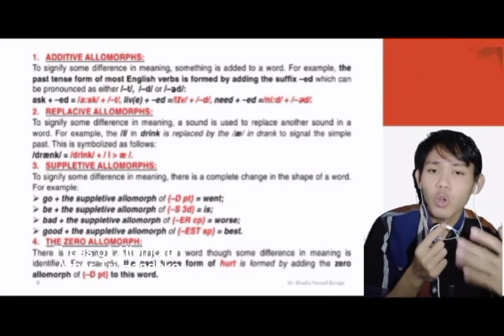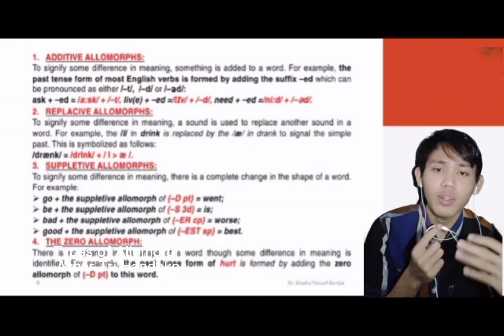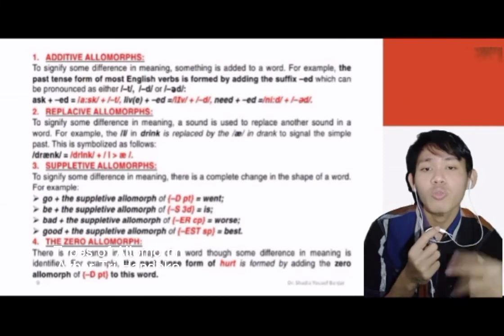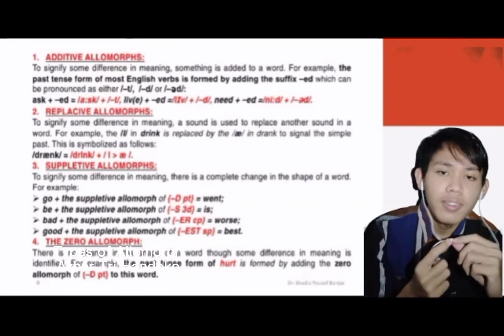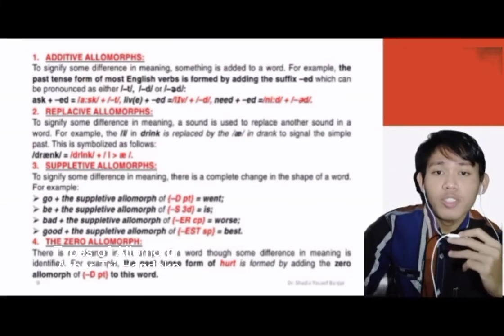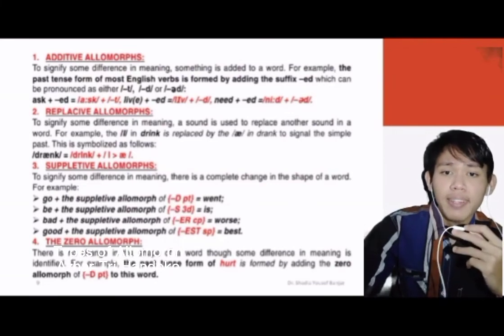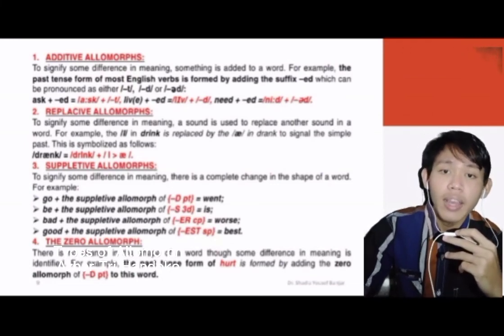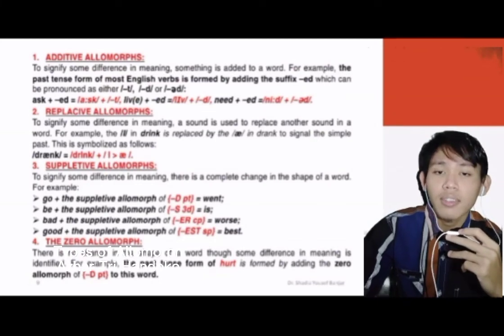Be plus the suppletive allomorph of s is as in 3D is. Bad, the suppletive allomorph of er is worse. And the last, good, the suppletive allomorph of est is best.